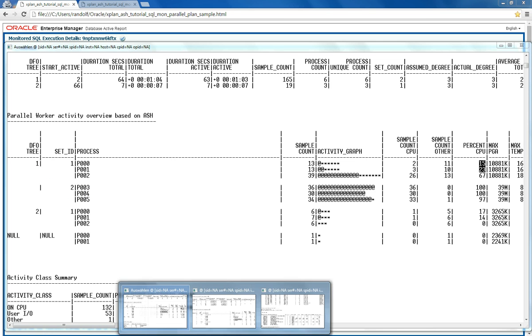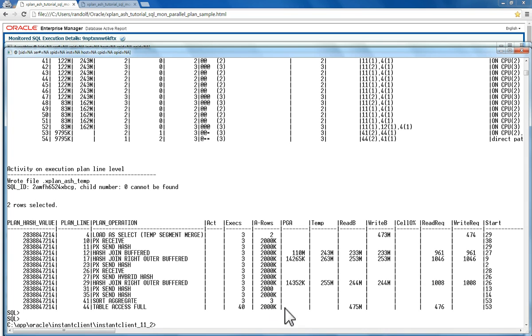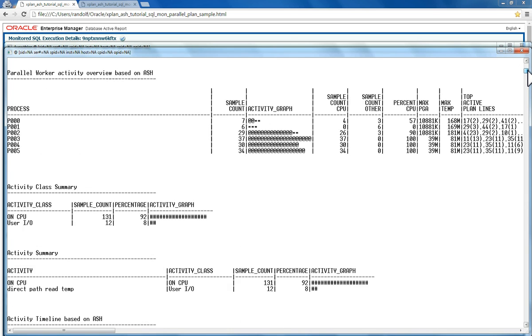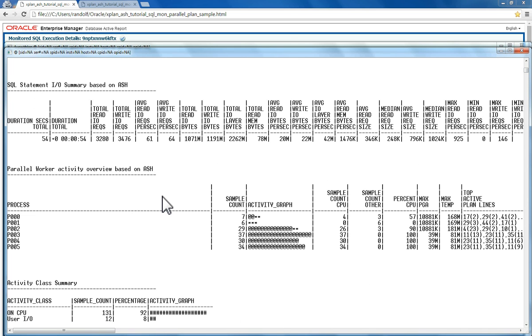This means if the execution plan is missing, like in this example here where the execution plan could not be found, this section looks different. You can see here that now this organization by DFO tree and set is missing, and we just get the overview on process level, which is still better than nothing.